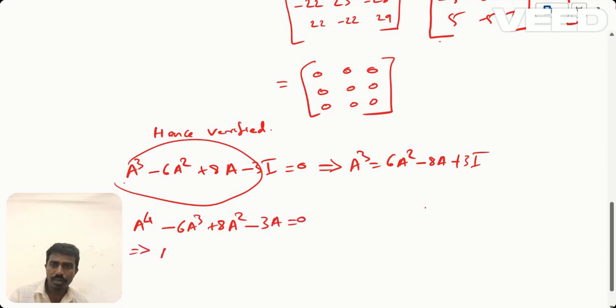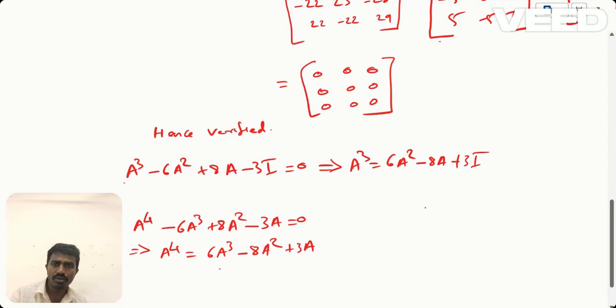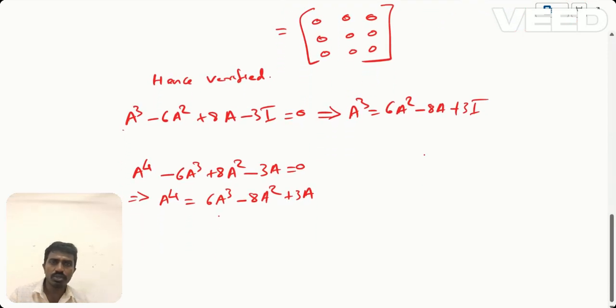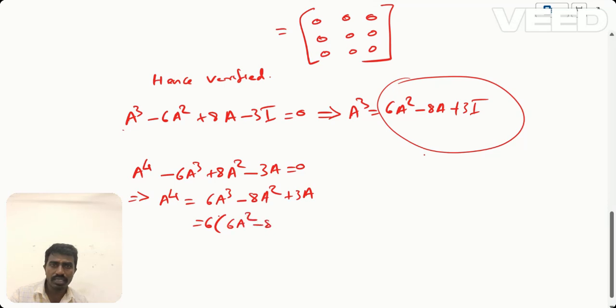That means A power 4 equal to 6A cube minus 8A square, we are going to take to the other side, so it will be minus, then plus 3A. Now, in this, if you substitute A cube as this one, that is 6 times 6A square minus 8A plus 3I, then write the remaining as it is.